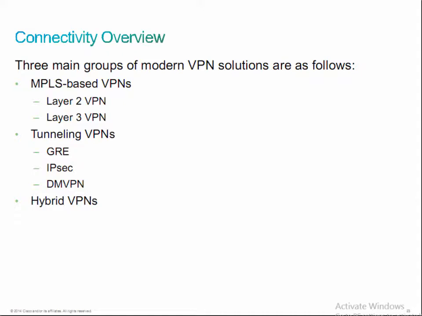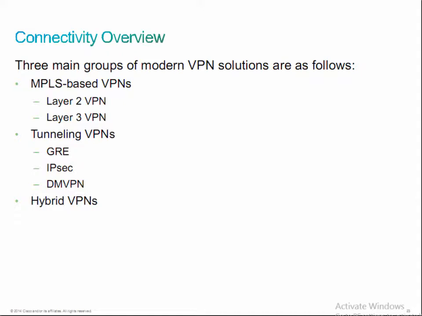It is a combination of GRE and IPsec. And then with the addition of NHRP, the next hop resolution protocol, we can provide this point to multipoint or hub and spoke environment, or we can even do spoke to spoke communication if I'm doing some more modern DMVPN implementations.